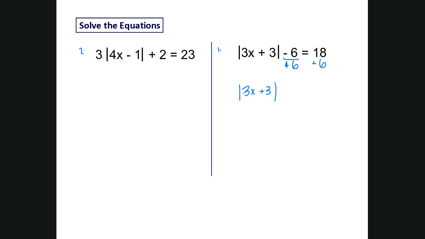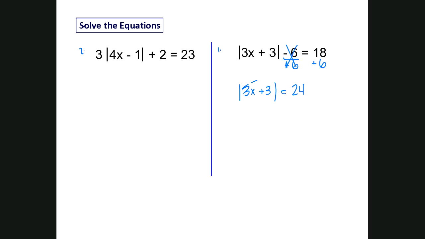These cancel out. 18 plus 6 is 24. Okay, so right now I have the absolute value isolated. Can everybody see that? It's isolated because the only thing on the left side of the equal sign is the absolute value part of the equation.